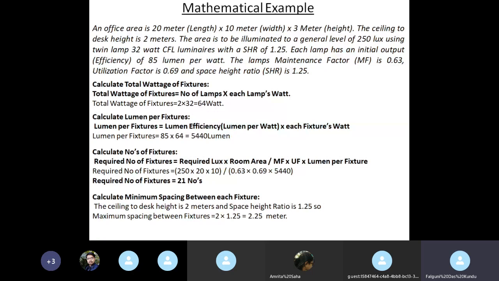Now we have to calculate the minimum spacing between fixtures. For this, the ceiling to desk height is required, which is given as 2, and the space height ratio is 1.25. So the maximum spacing between the fixtures is 2 into 1.25, that is 2.5 meter.